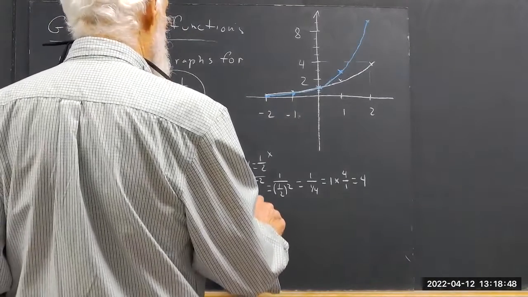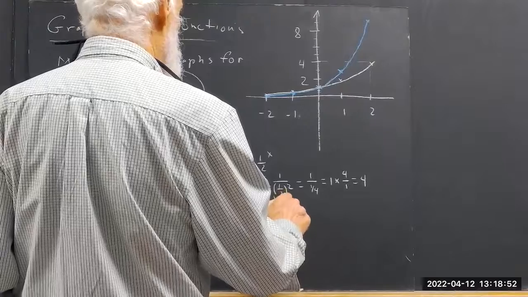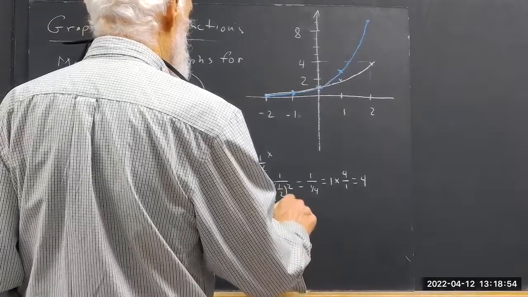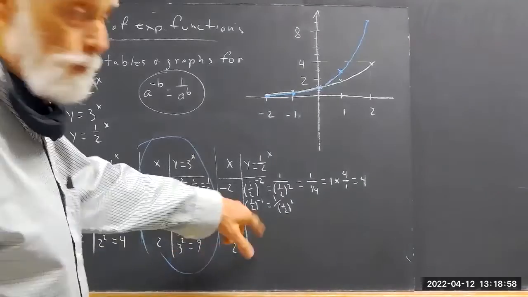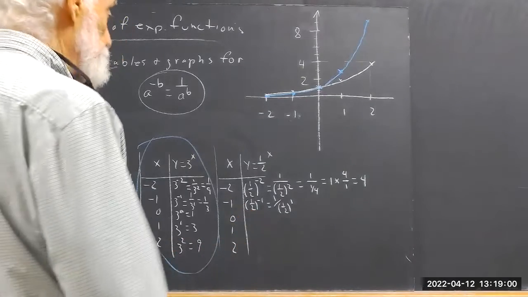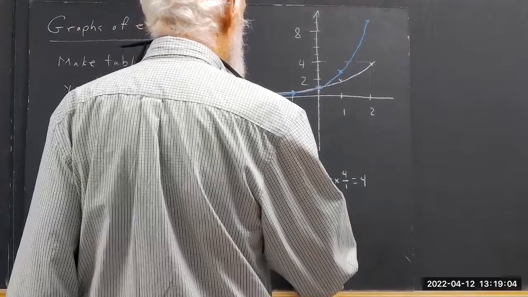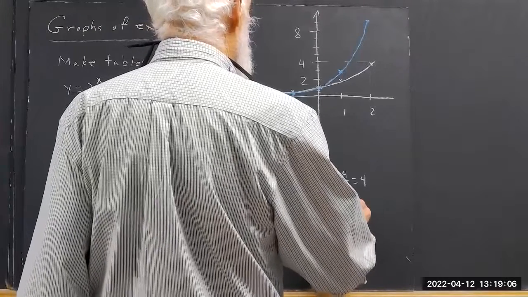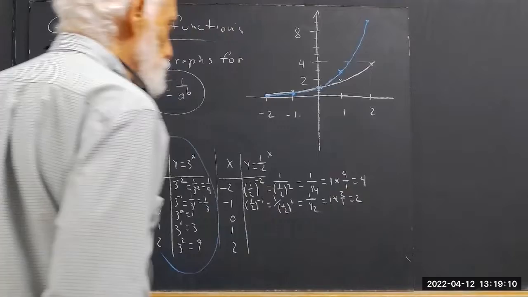Then, (1/2) to the -1 is 1 over (1/2) to the 1, which is 1 over 1/2, which is 1 times 2 over 1, which is 2.